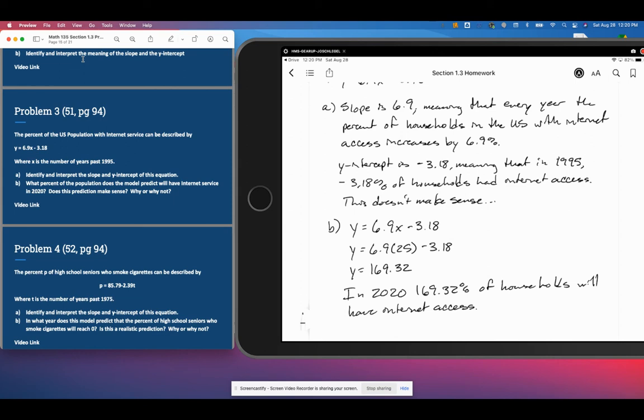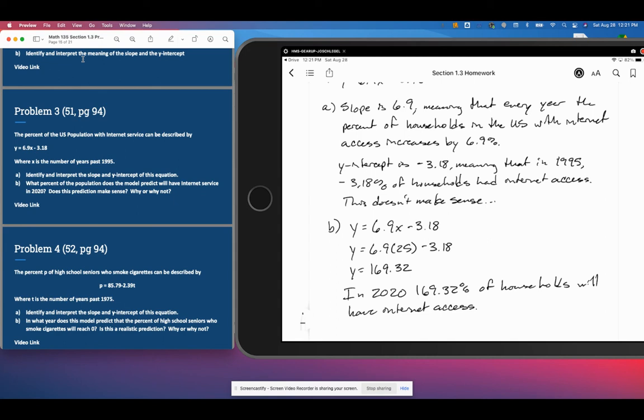So one thing that's important to understand about these models and things, folks, is that they often only are valid for short-term use. And so in this case, 25 years in the future is too far ahead for this model to be useful for predicting something.